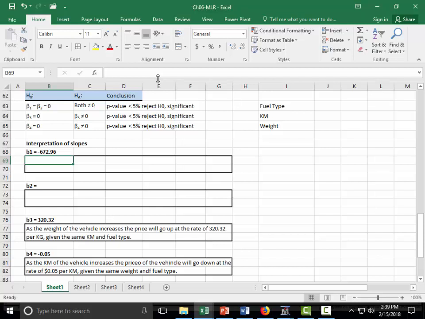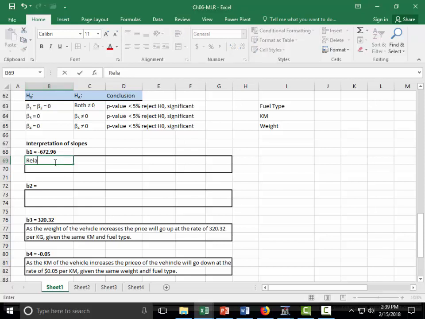1 means this is what fuel type is, diesel. For B sub 2, the comparison will be 0 and 1. So 1 is CNG, 0 is petrol. So here this one is diesel, right?